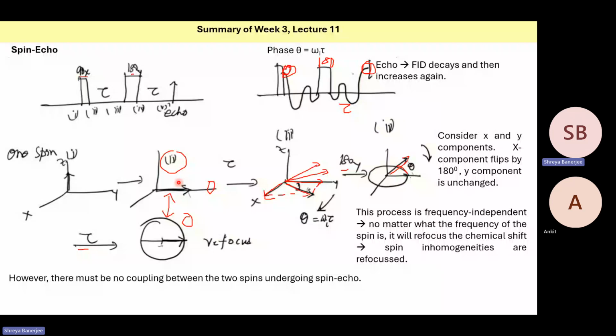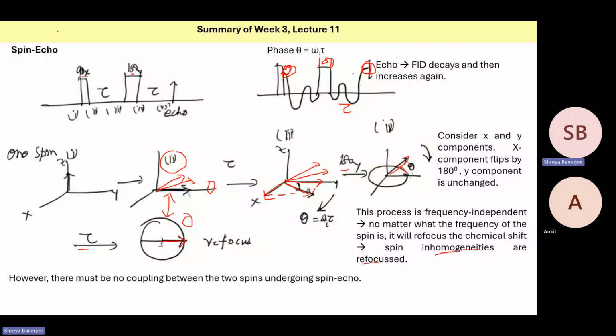Here we have considered only one spin, but suppose because of the phase error there were multiple spins. Each of these spins will get focused back to the same point after the spin echo phenomenon. So this is the advantage, that even though there is inhomogeneity in the field, all the inhomogeneities will get refocused and you will get a strong signal.